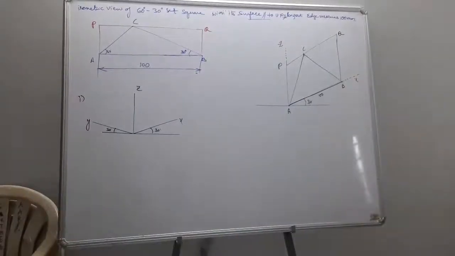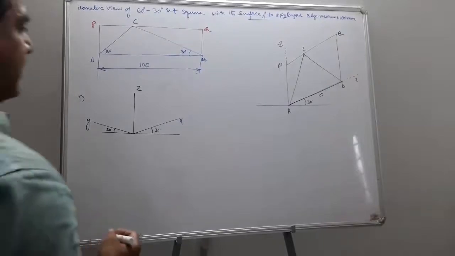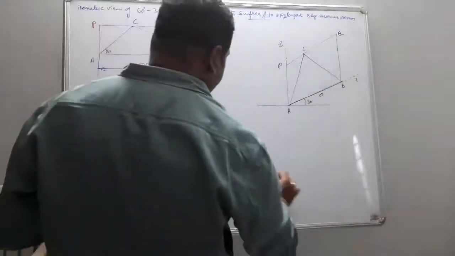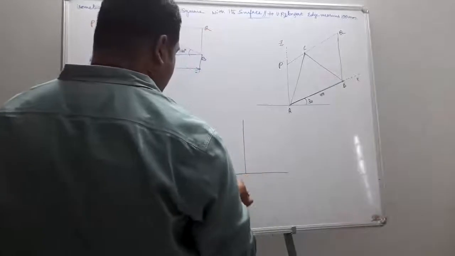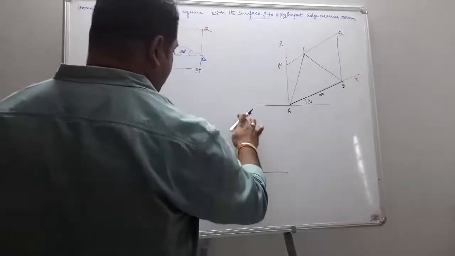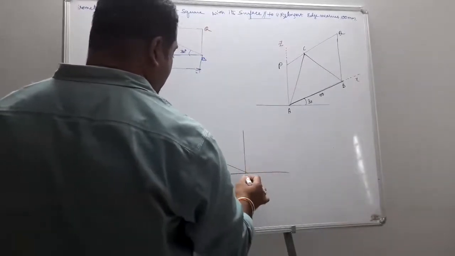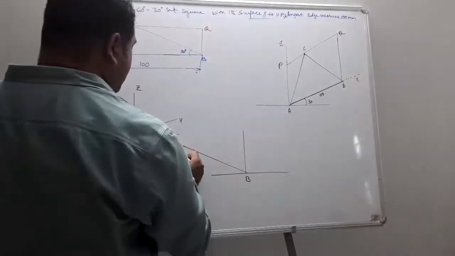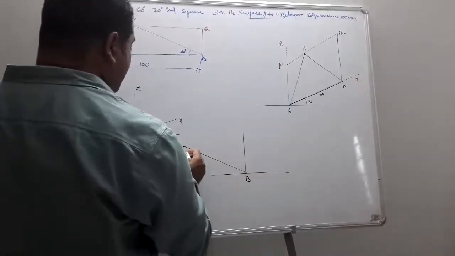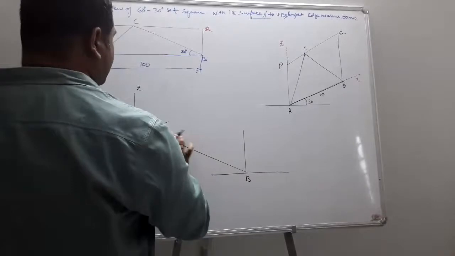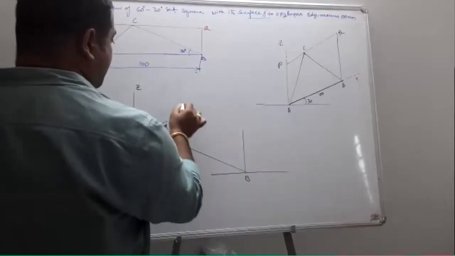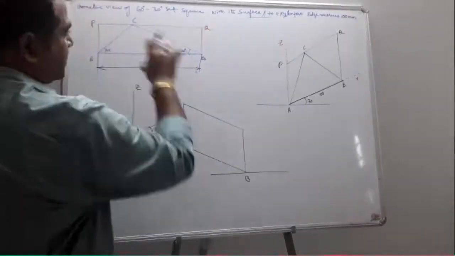Similarly, the same procedure you can follow for YZ also. Let us see for YZ. This becomes A, B. Again, the box is constructed here.